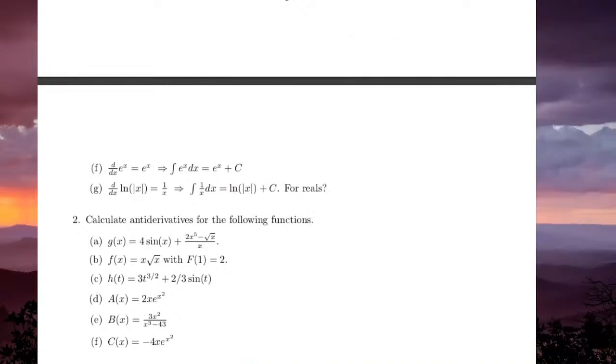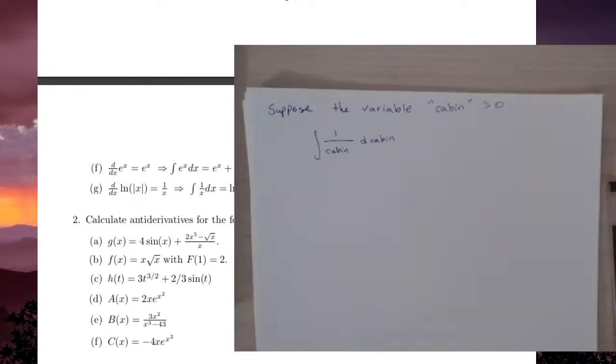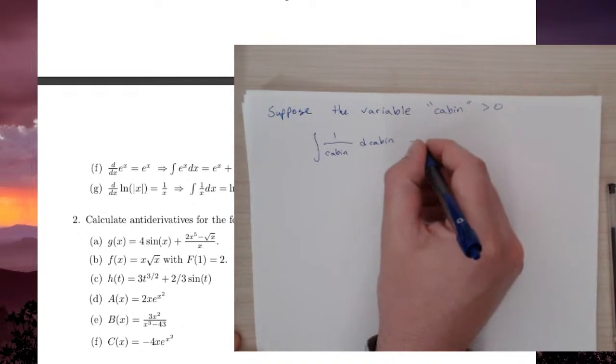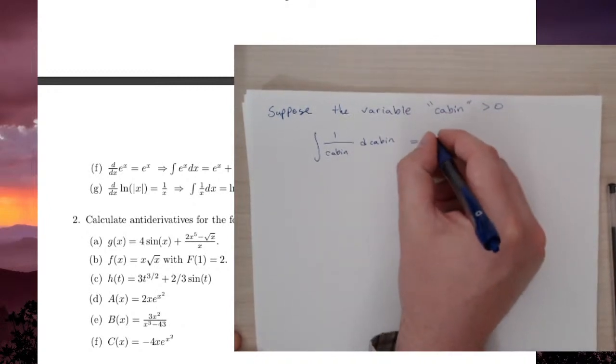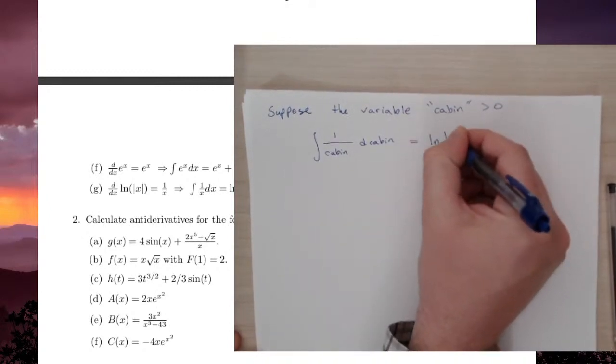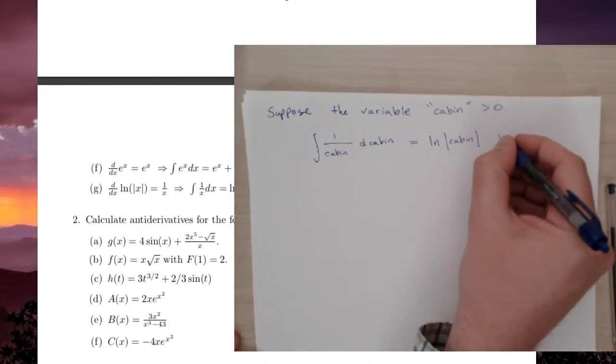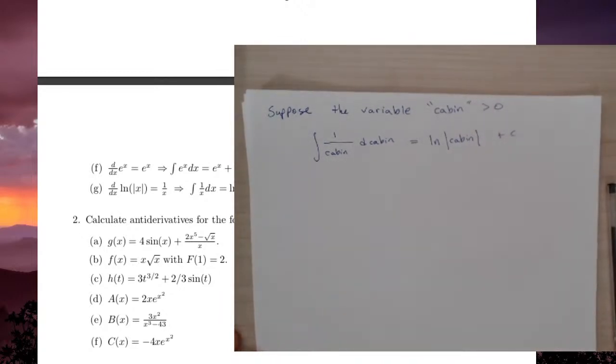We know that the antiderivative of 1 over x is the natural log of the absolute value of x. Now here our variable isn't x, it's cabin, but who cares, it's just the variable. So by our table, that's going to be the natural log of the absolute value of cabin plus some constant c, right?